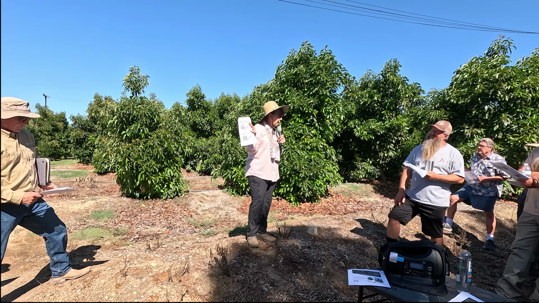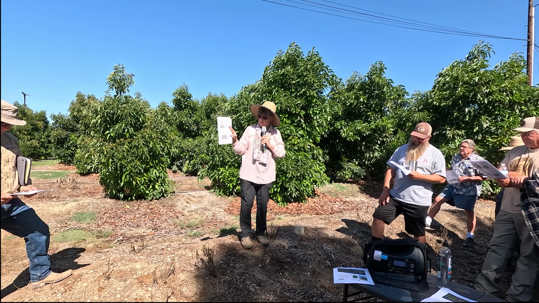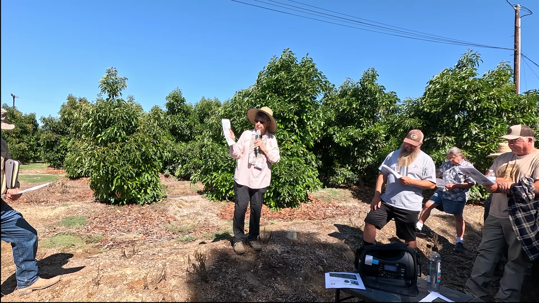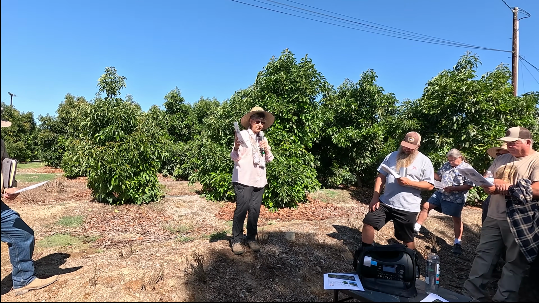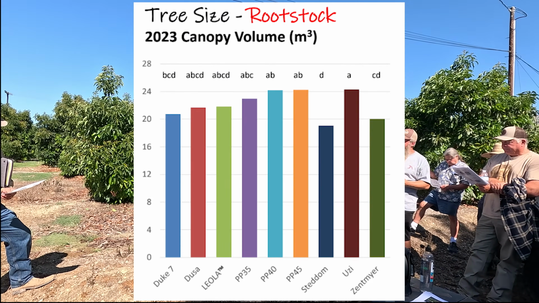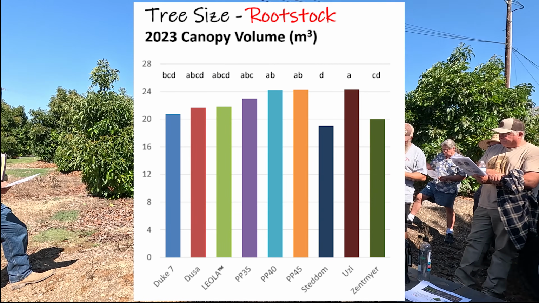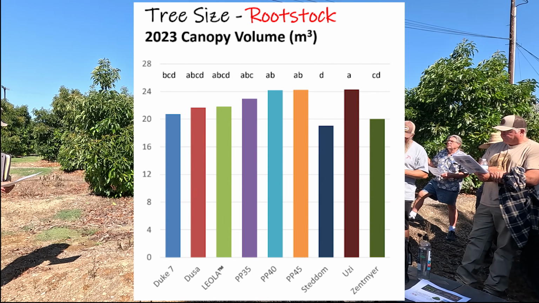handout, it's very important. If we look at rootstocks, you can see there's not as much difference, but there's a big difference that Stedham produces the smallest tree. If you look carefully, if you're not colorblind, you can see that Stedham, almost every time we've measured canopy volume, is the smallest tree.